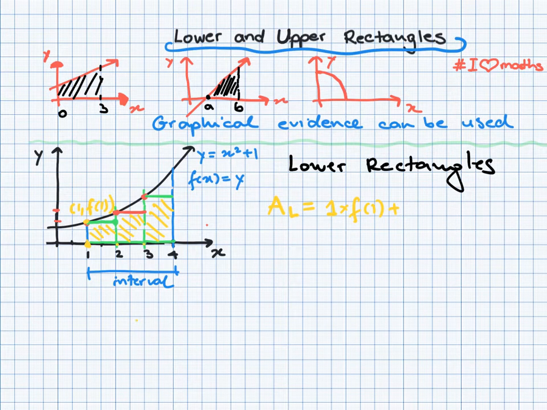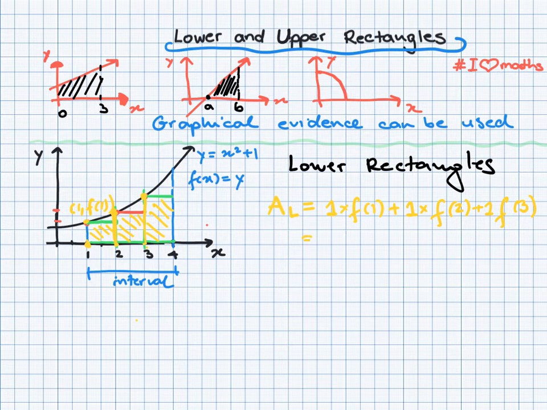So it's again 1 times f of, you just have to be careful, it's at 2, because this is the height, not here. The height at 3 is there, so it's this one here, f of 2, and then plus 1 times f of 3.